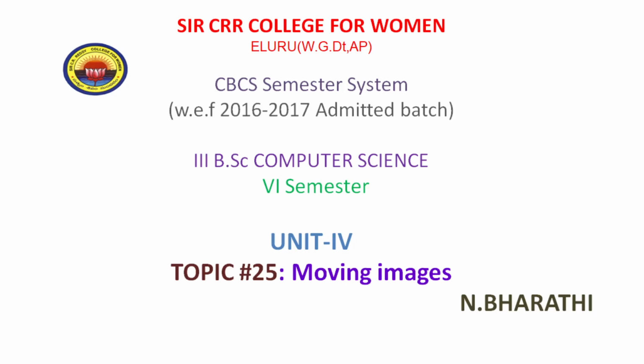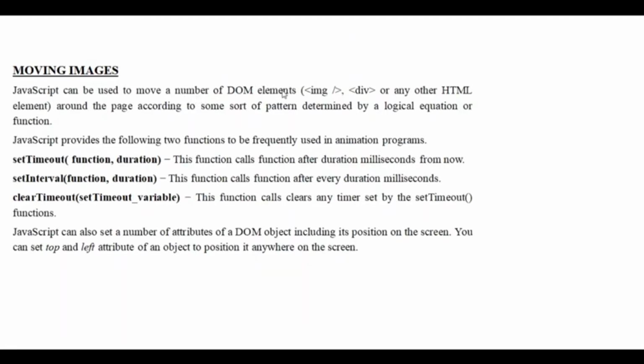JavaScript can be used to move a number of DOM elements around the page according to some sort of pattern determined by a logical equation or function. So DOM objects or any HTML element can move around the web page by using some functions or logical equation.